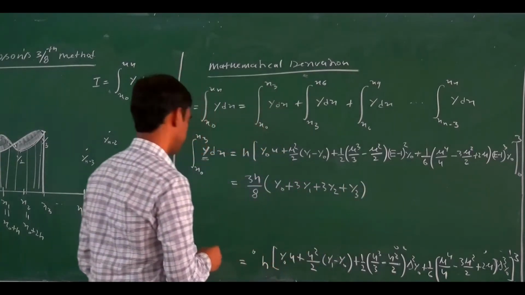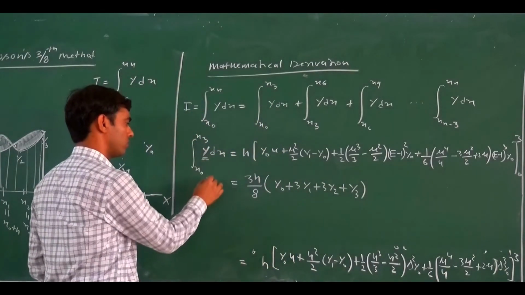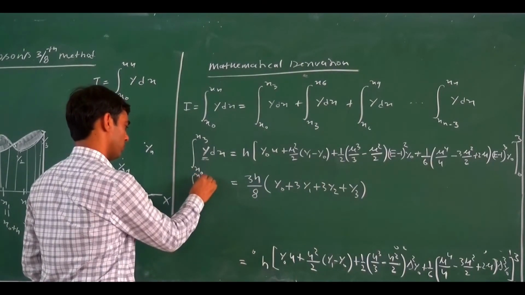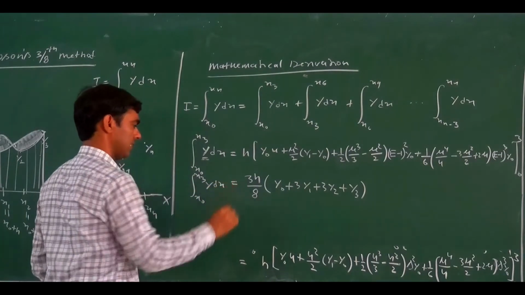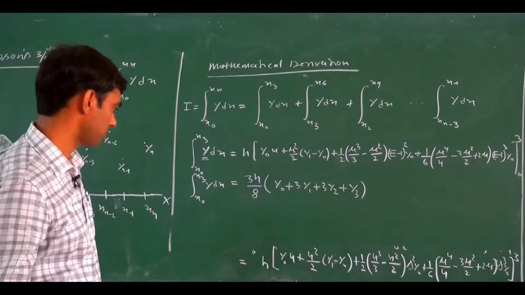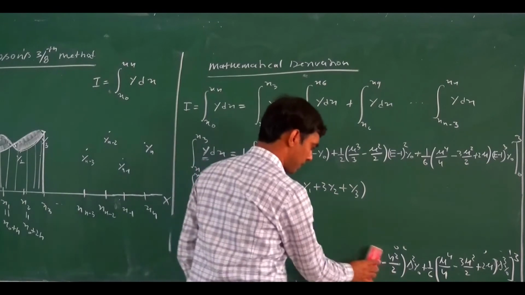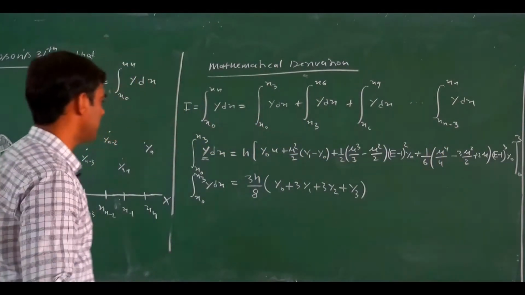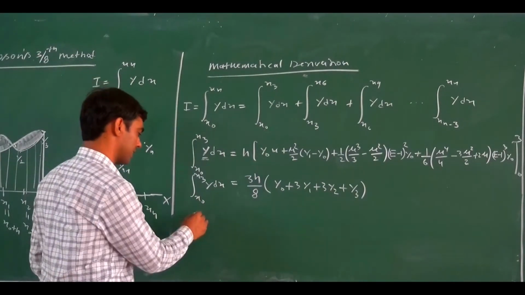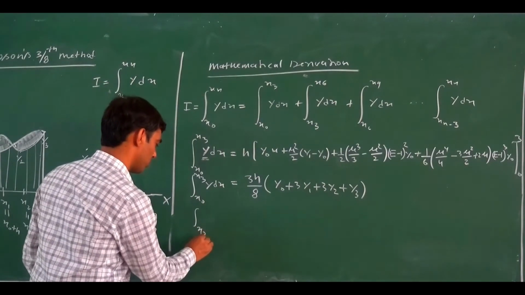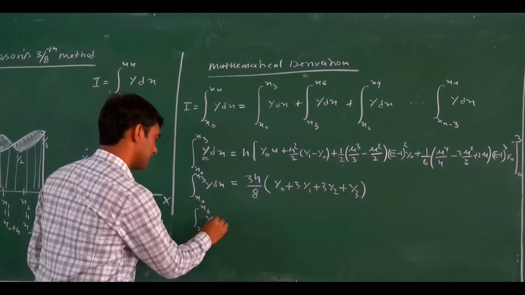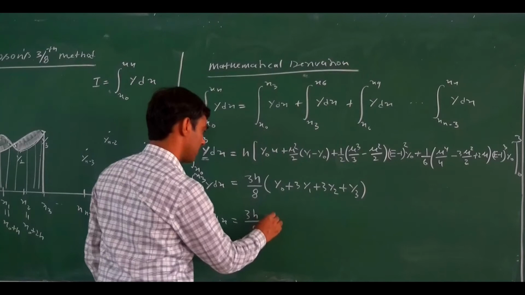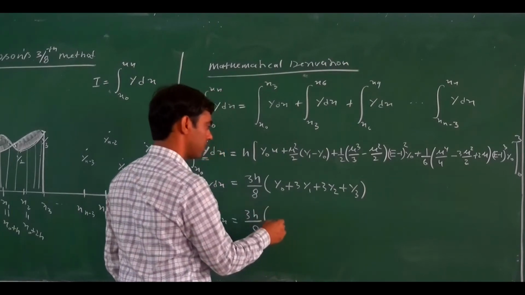So this one is the integration from x0 to x3 of y dx. In a similar manner, if we write the value of the integral from x3 to x6 of y dx, this one equals 3h by 8 inside.